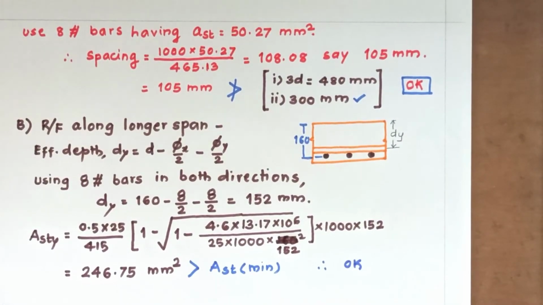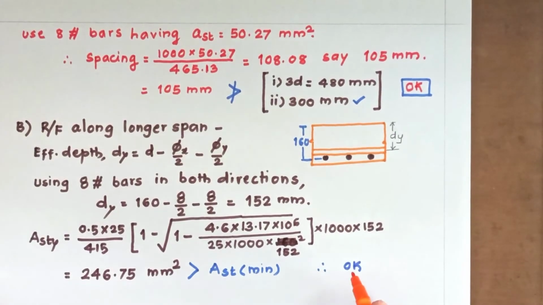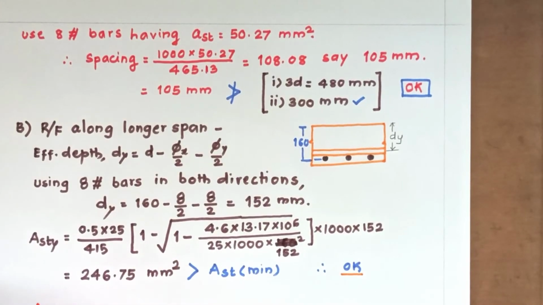Now, we will calculate the spacing of 8 Tor bars. We have already decided to use 8 Tor bars. Let's calculate the spacing.